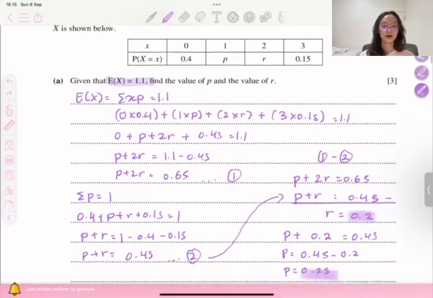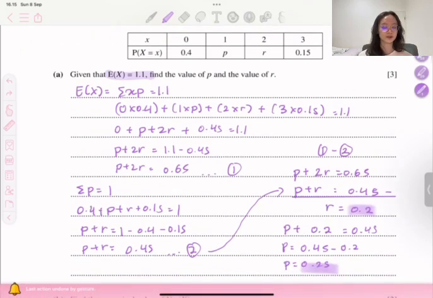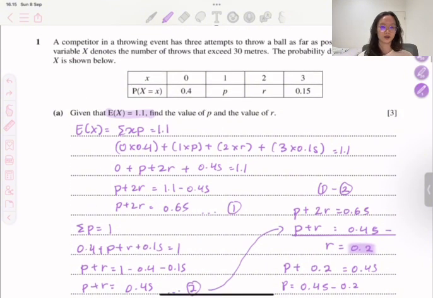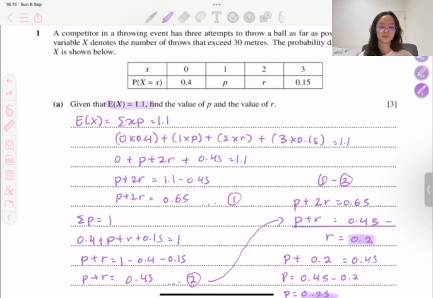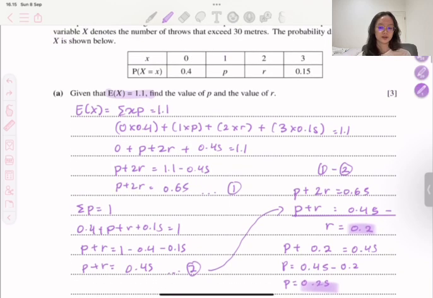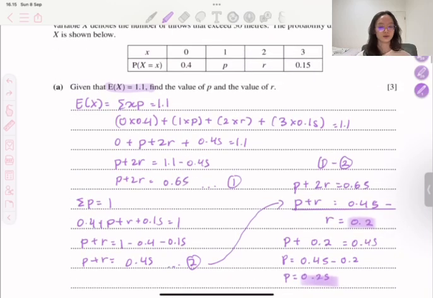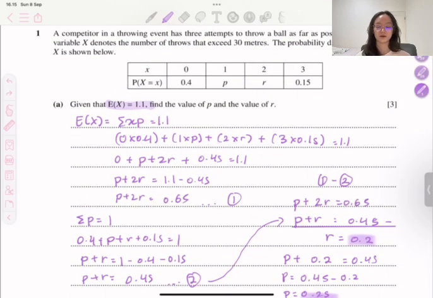And now we have our first equation. We will find 2 equations to get the values of p and r by eliminating one of them. So the first equation is p plus 2r equals 0.65. Now to find our second equation, we can use the fact that the sum of all the probabilities equals 1.